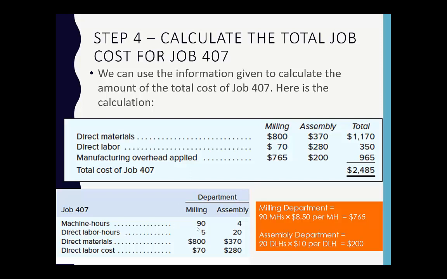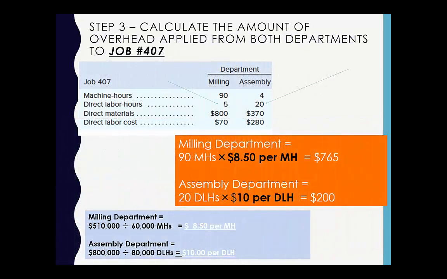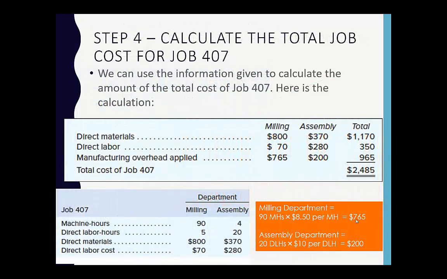How many machine hours did I work? 90 machine hours. And what's the predetermined overhead rate? It is $8.50. So the 90 machine hours times the $8.50, which I got from the slide before, if you want to go back there, equals $765. Boom, that's where I get that.